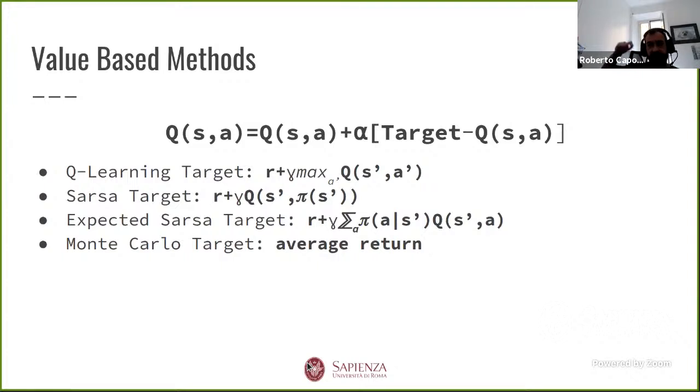So when you get the done flag to true. And yeah, what you're changing here is just this target, and you can apply the same formula for each of these algorithms by changing just this term over here.